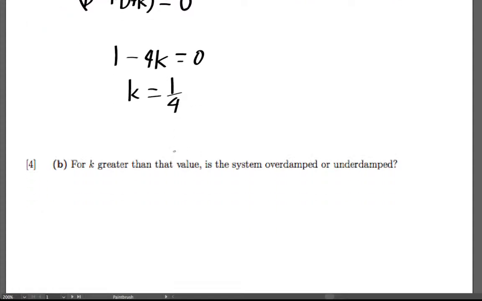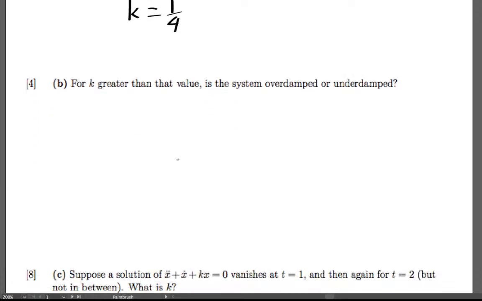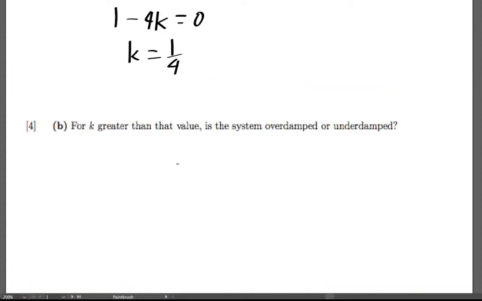Pretty quick. Okay, for k greater than that value, is the system overdamped or underdamped? Well, let's just look at the top one there. We can actually reverse engineer the entire thing.